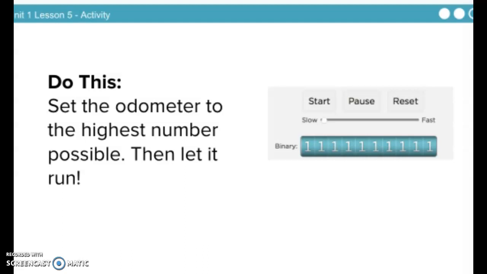Imagine you were in a car with 5 place values, and you had just driven 99,999 miles, and then you drive 1 more mile. Really you've just driven 100,000 miles, and there should be a sixth place value added to the left, but you can't do that on a physical device.